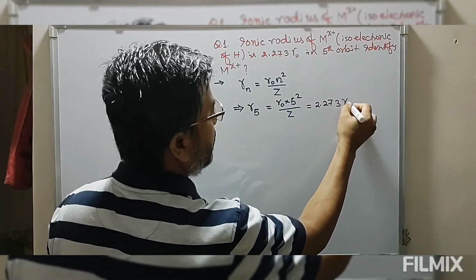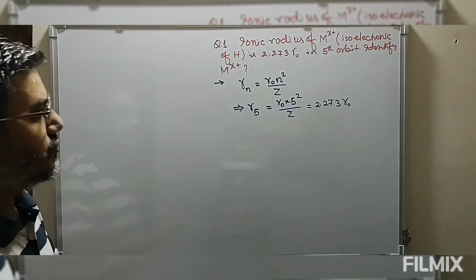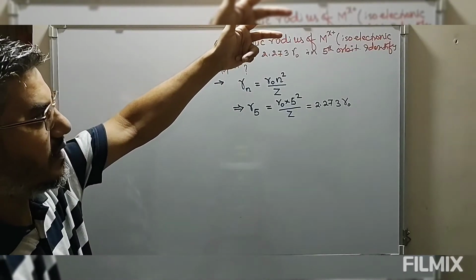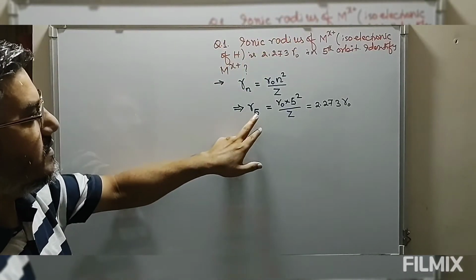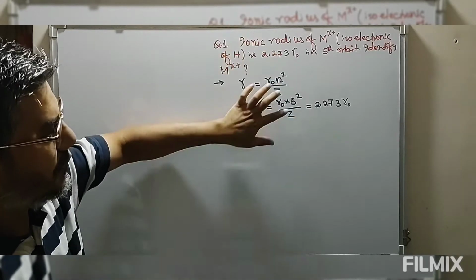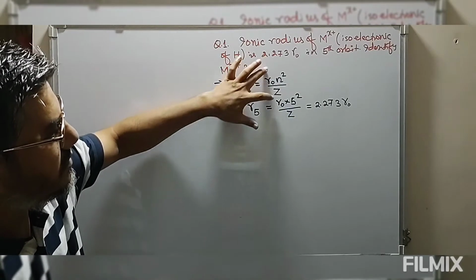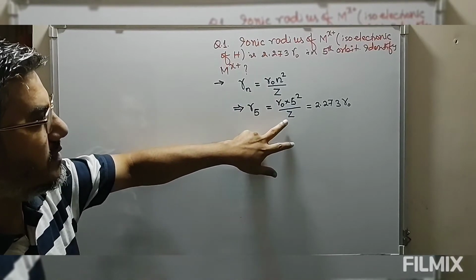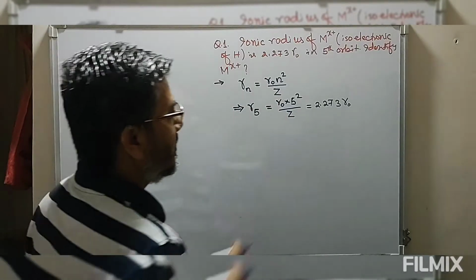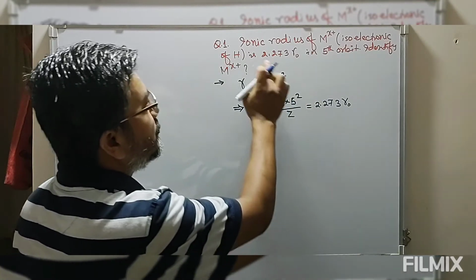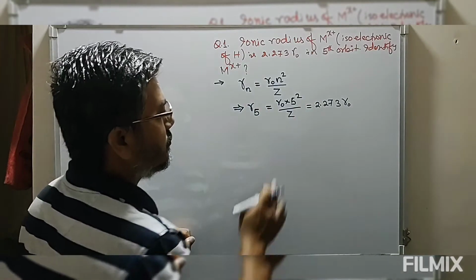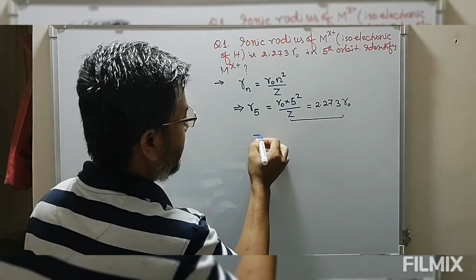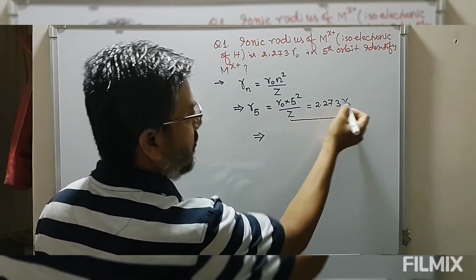2.273 r naught. So radius of the fifth orbit of this unknown element M^X+ is, according to equation, r naught into n square divided by Z, where n is equal to 5. So r naught into 5 square divided by Z. And this, according to question, is 2.273 r naught. So r naught will cancel out.